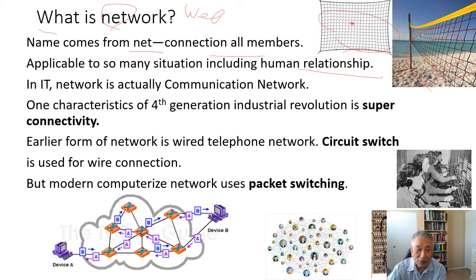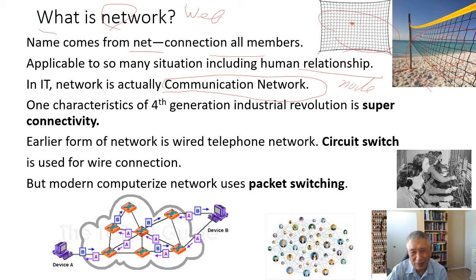When we are talking about this network, what it actually means is a communication network. That can be a little misleading, because communication can be between human beings. So actually this is the computer communication network, as some people call it, or computer network, or sometimes the node network.